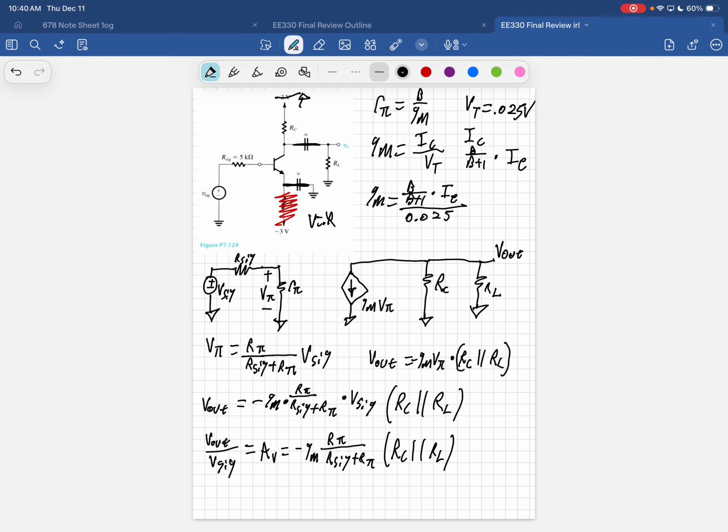GM equals 100 divided by 101 times 0.2 times 10 to the power of negative 3 divided by 0.025.